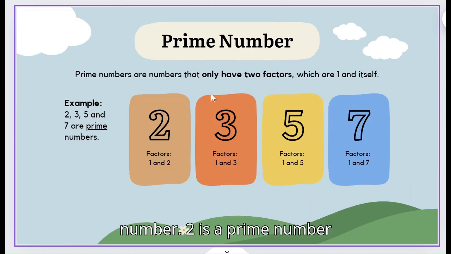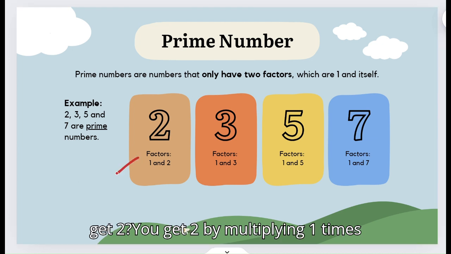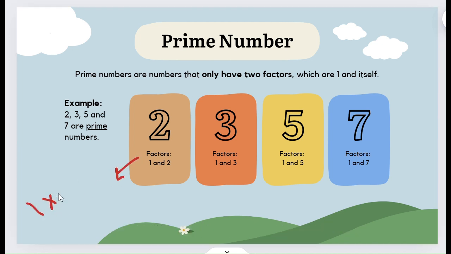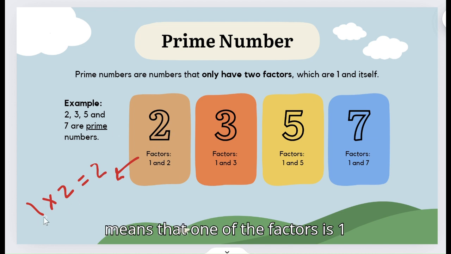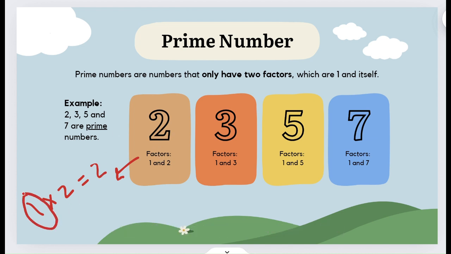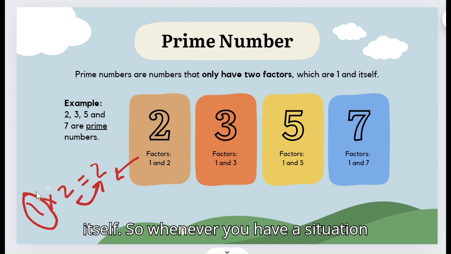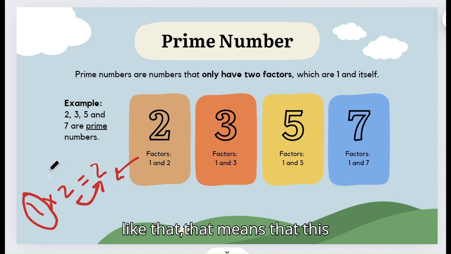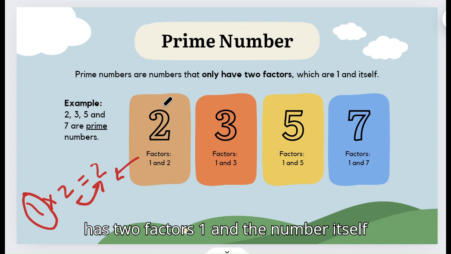How do you get 2? You get 2 by multiplying 1 times 2, which gets us 2. So one of the factors is 1, and the second factor is the number itself. Whenever you have a situation like that, this number is a prime number because it only has 2 factors, 1 and the number itself.